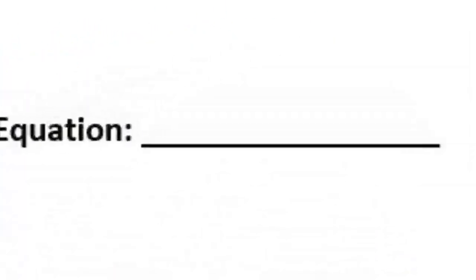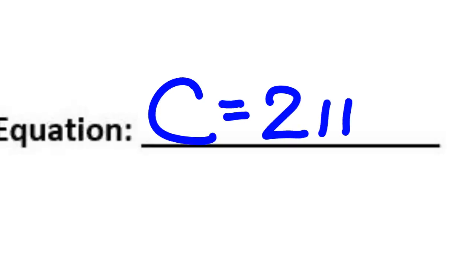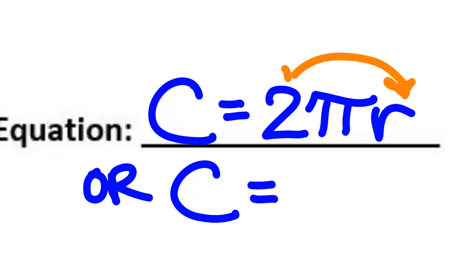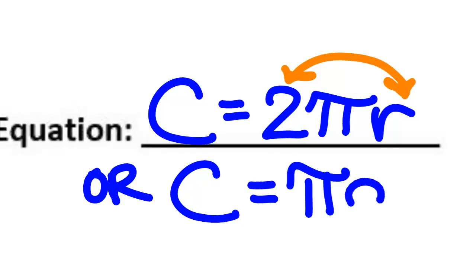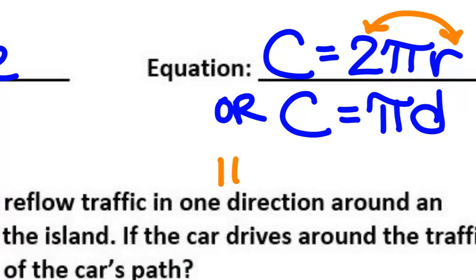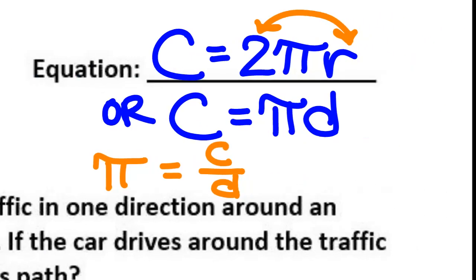The equation for the circumference is C equals 2 pi r. Or, because 2r is the same as d, you could have C equals pi times the diameter. Pi is the ratio between the circumference and the diameter.